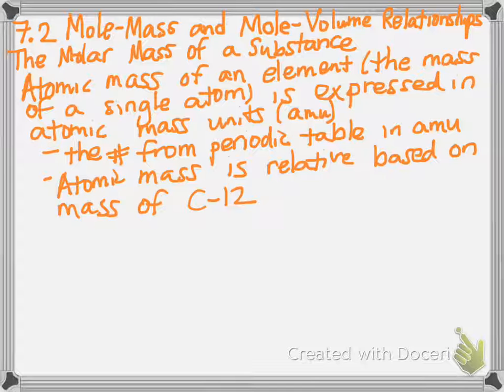And remember, it was a weighted average of all of the naturally occurring isotopes of an element. And because the mass of an actual atom is a tiny little number, and chemists in general don't like to deal with tiny little numbers, instead, they set up a relative scale where they're comparing every element to the mass of carbon-12.